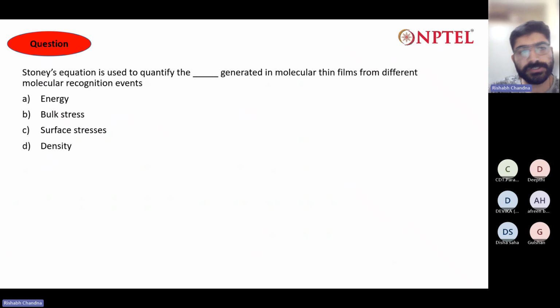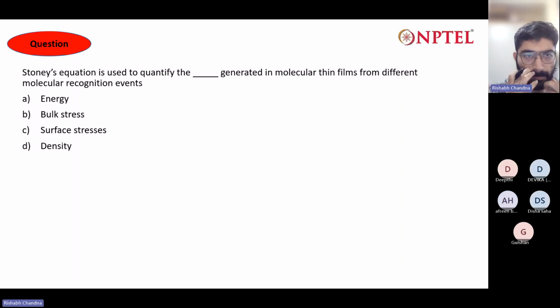So the first question is: Stoney's equation is used to quantify the dash generated in molecular thin films from different molecular recognition events. The options are energy, bulk stress, surface stresses, or density. Can anybody guess?